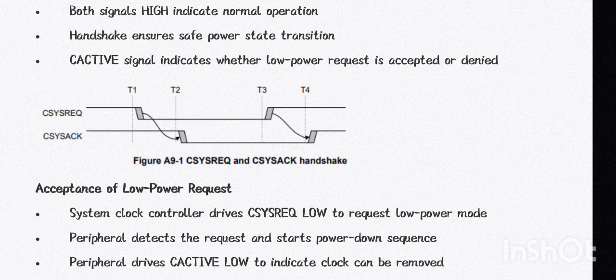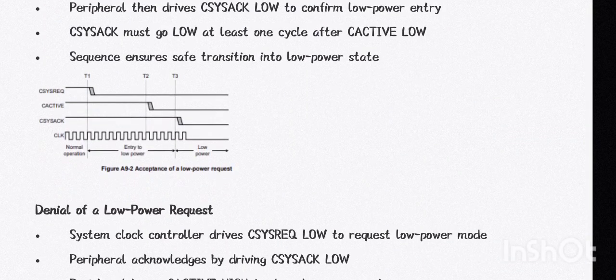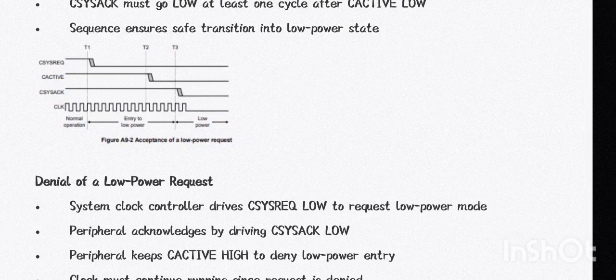Next one is acceptance of a low power request. In this diagram, the system clock controller drives CSYSREQ low to request low power mode. The peripheral detects the request and starts the power down sequence.